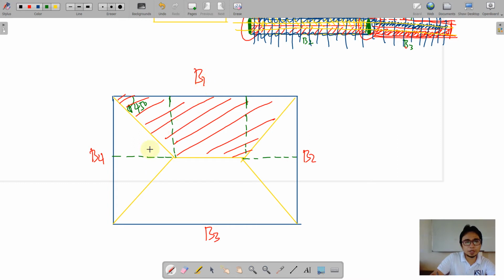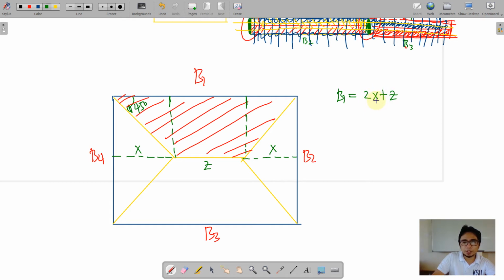So for B1, say I label this as X, and say this is the Z dimension. In order to come up with Z, we just say that B1 is the sum of 2X plus Z.